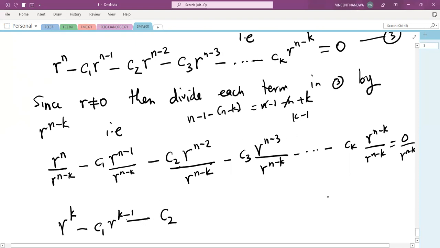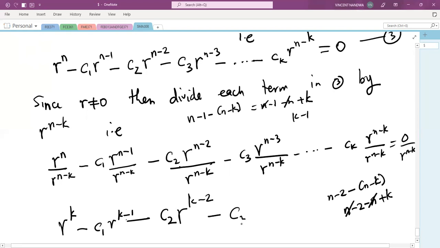This will be n minus 2 minus n minus k. So n minus 2 minus n, minus is plus, so minus and plus cancels out. So this will be k minus 2, r raised power k minus 2.